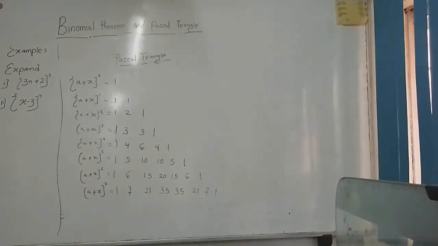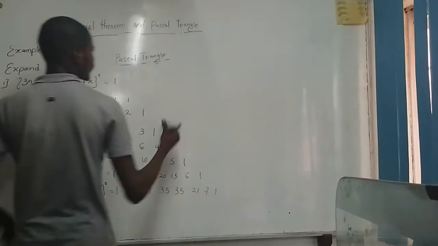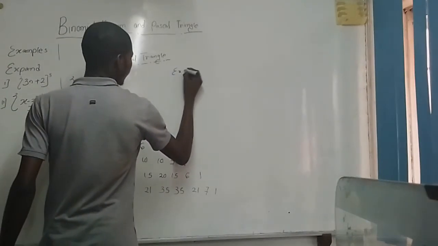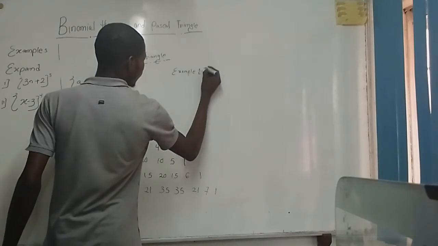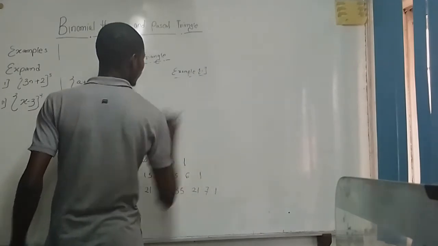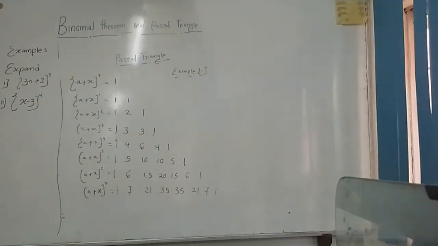So that is the formula for Pascal triangle. Let's take one example on it. Example 1.